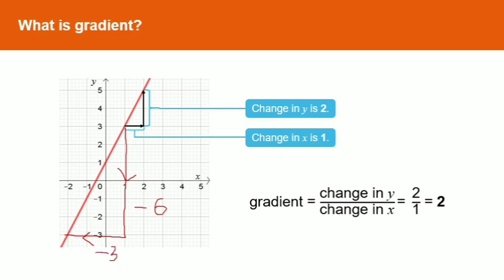So the gradient will be the change in y, which is -6, divided by the change in x, which is -3. The answer is how many? Yes, the answer is 2. So are they the same? The 2 and 2, they are the same. So no matter how big your triangle is, the gradient will be the same as long as it is the same line.